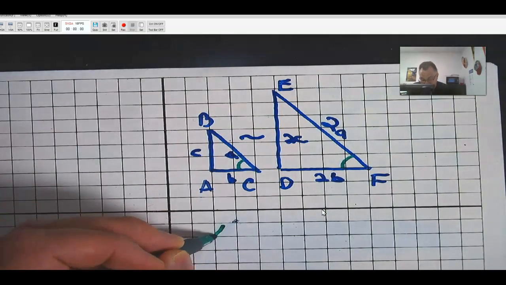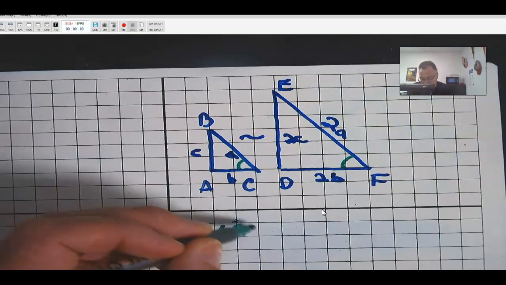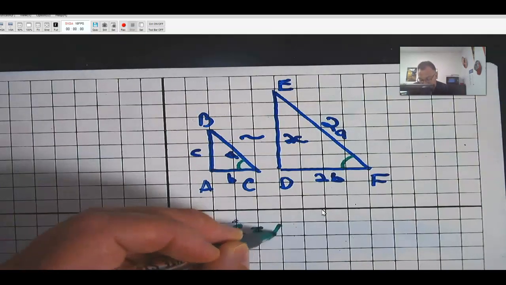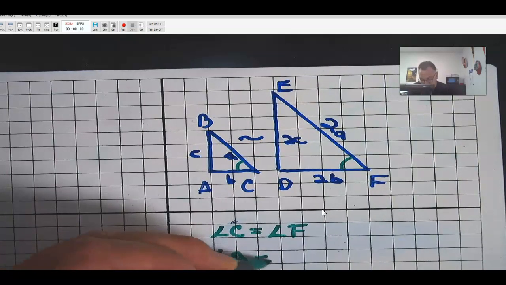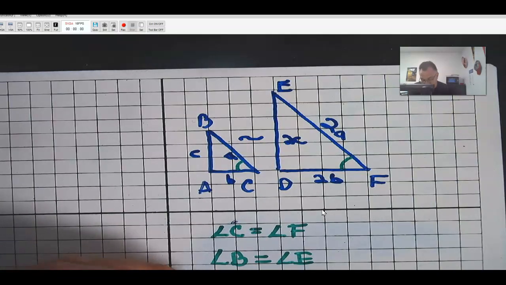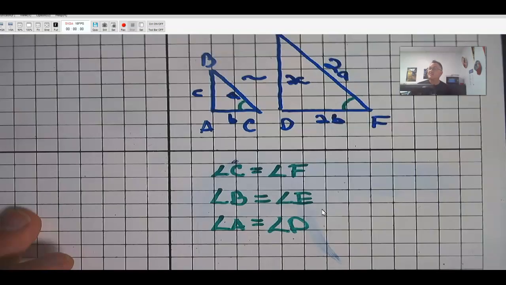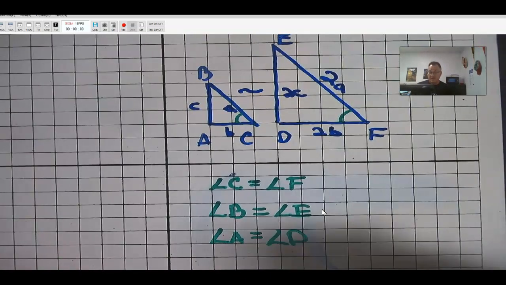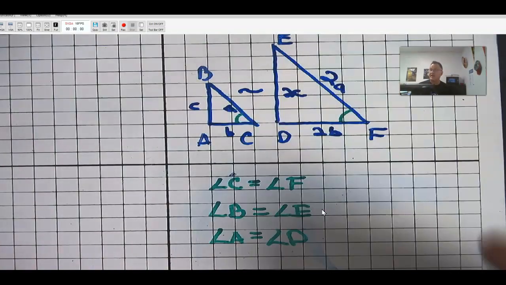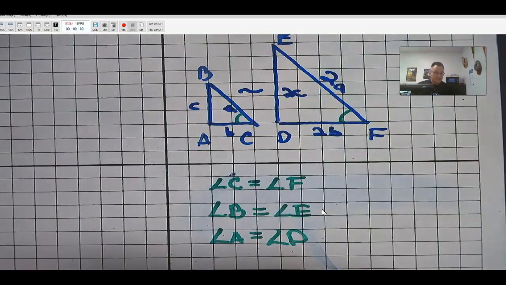So we say that the corresponding angles, angle C is the same as angle F, angle B is the same as angle E, and angle A is the same as angle D. The angles are the same. The side lengths are proportional because we doubled everything. That's similar triangles. So we need that in what we're doing today.